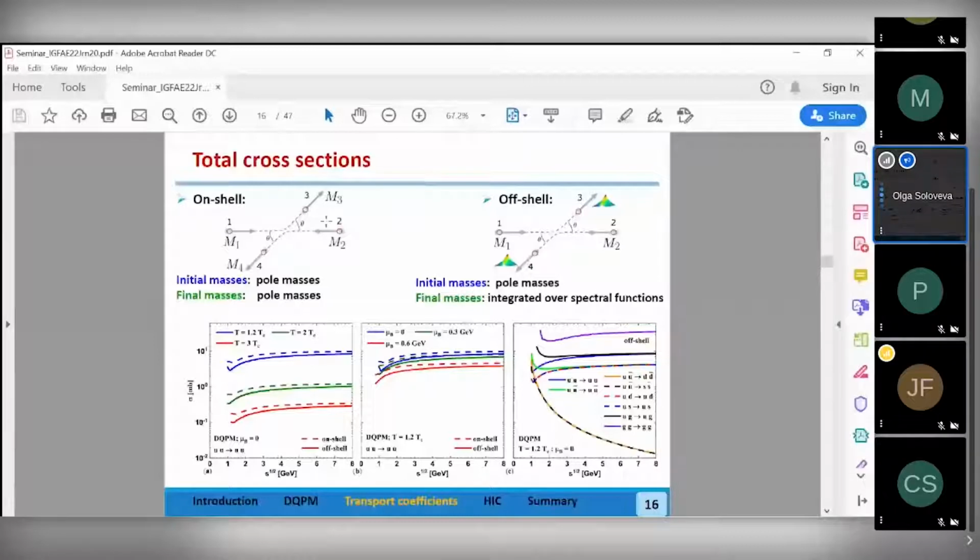For example, in our transport code, the initial masses are taken as pole masses, but the final masses are integrated over the spectral function. But actually the difference here is not so big. You can see the dashed line is on-shell and the solid line is off-shell.